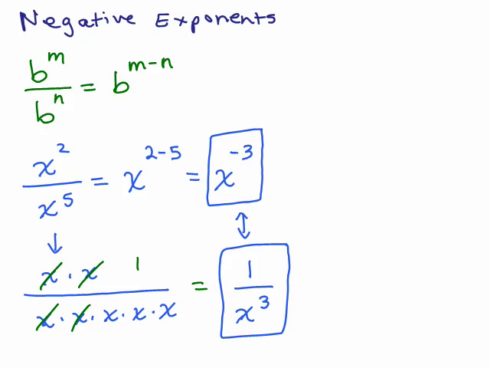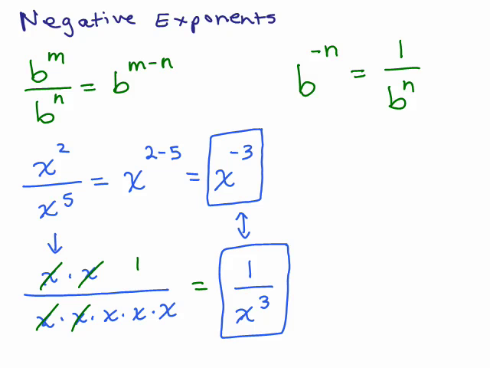So let's see, if you had some base to some negative number, so let's pretend like n is 2, or in this case n was 3, in other words n is a positive number, then b to the negative n means 1 over b to the positive n.